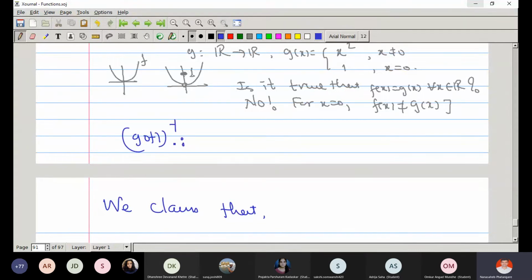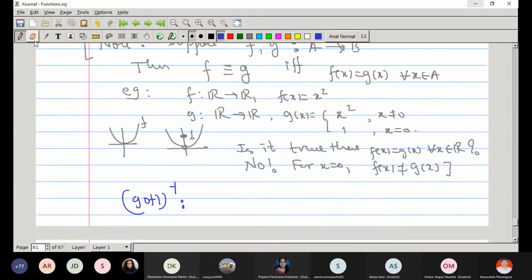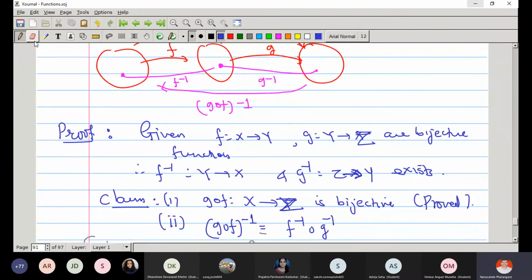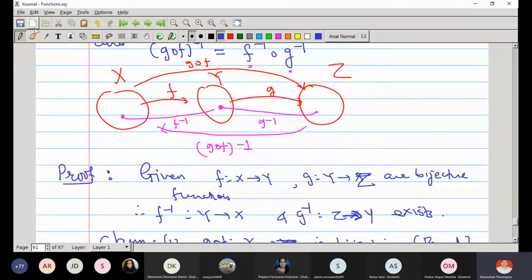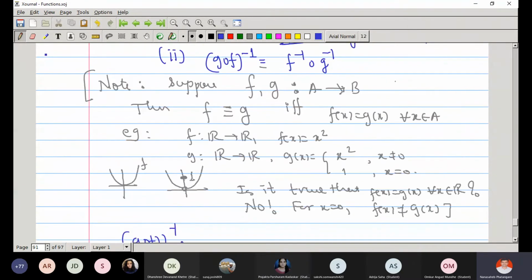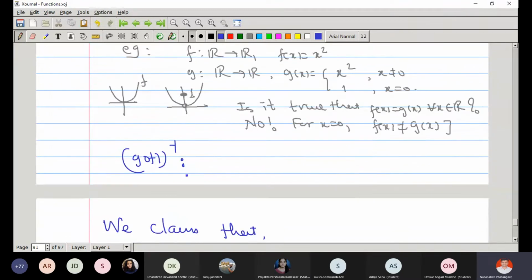What is the domain of g composite f inverse? From Z to Z. Right? And therefore, what is our claim? That these two functions are equal on which domain? The domain of g composite f inverse is Z.